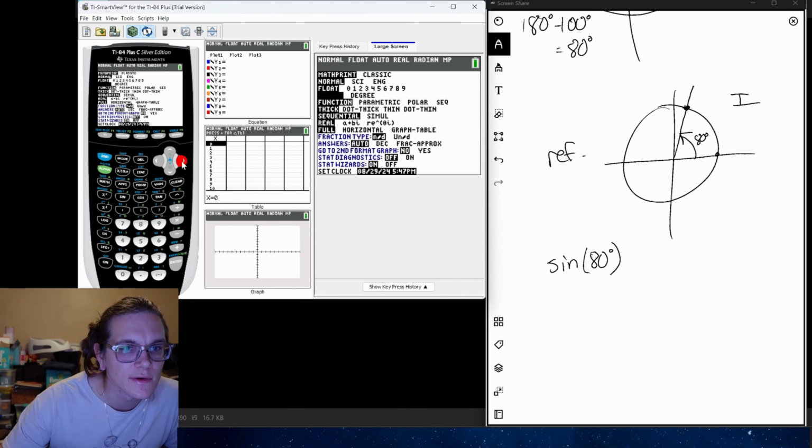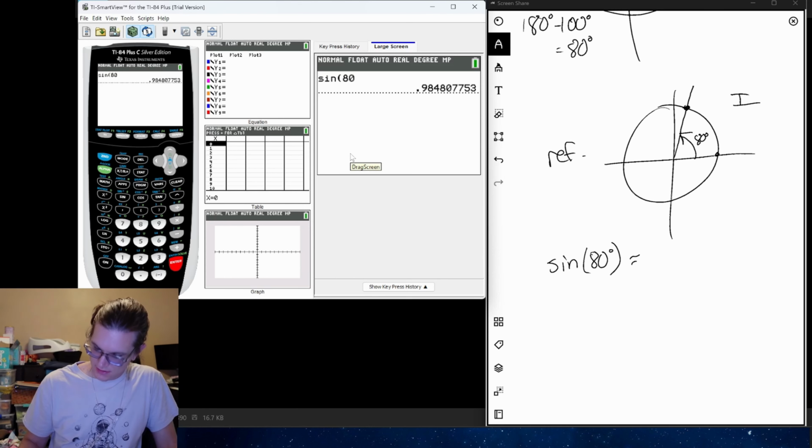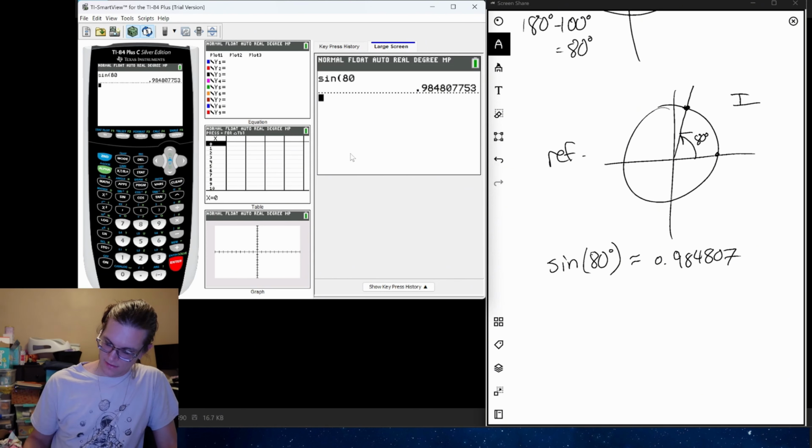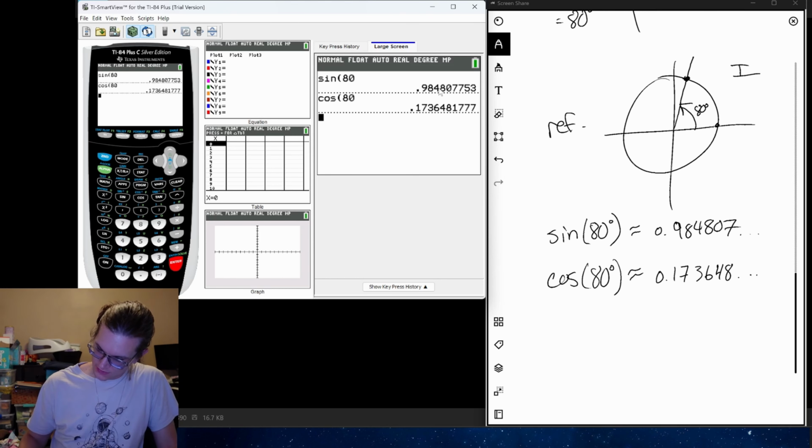Radians, let's go to degrees. Good. Sine of 80 degrees is something around 0.98487. And so cosine of 80 degrees is, all right. And so what I found is the x and y coordinate here, right?